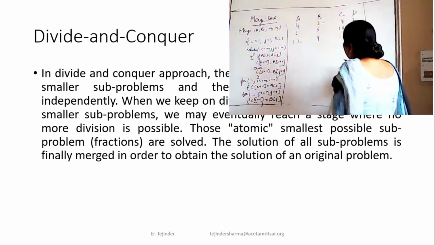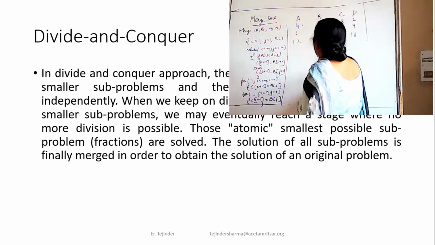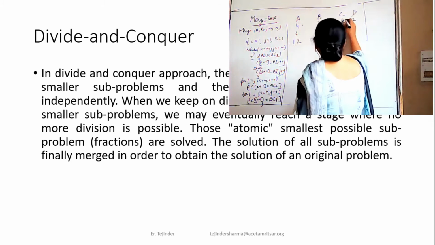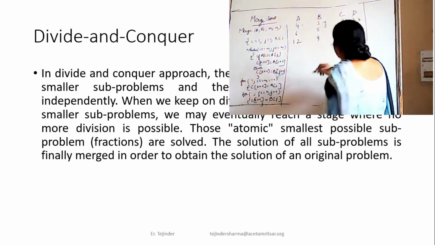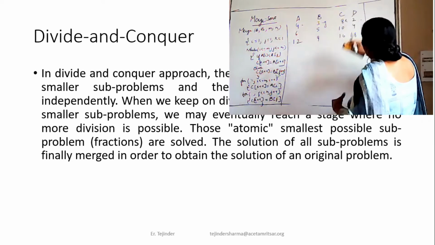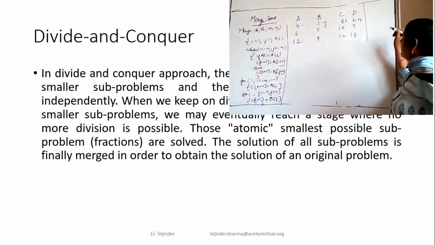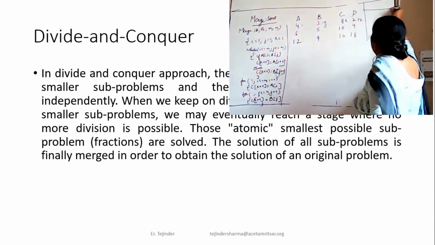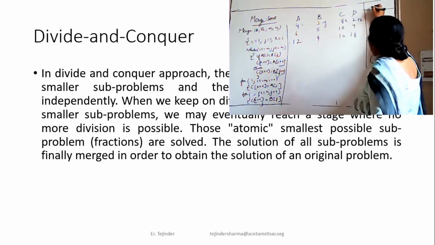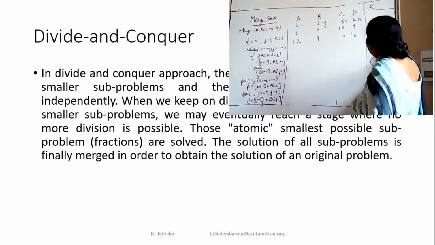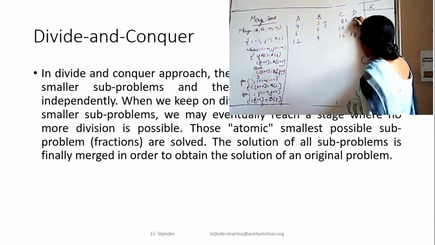See, for example, this is I, this is J, this is K, and this is N, supposedly. Fine. So you compare all the elements at the first position. Output is supposedly the K array. So at the first position, you will get this.